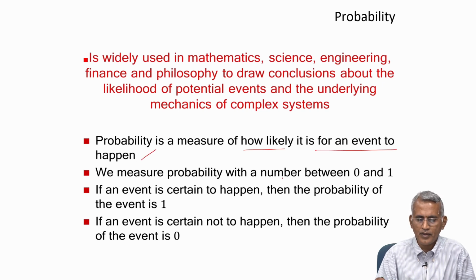We measure a probability with a number between 0 and 1. If an event is certain to happen, then the probability of the event is 1. If an event is certain not to happen, then the probability of the event is 0. These are all the ideas of measuring probability.